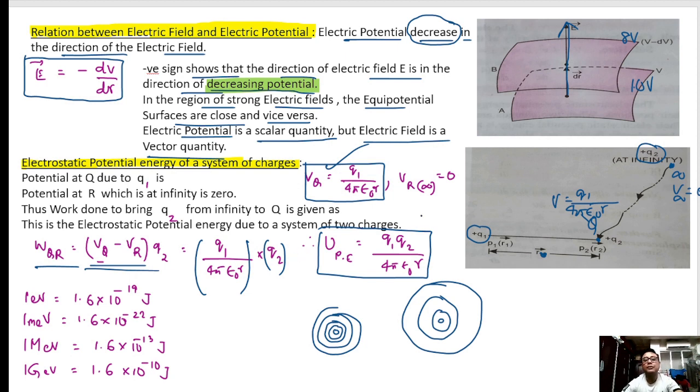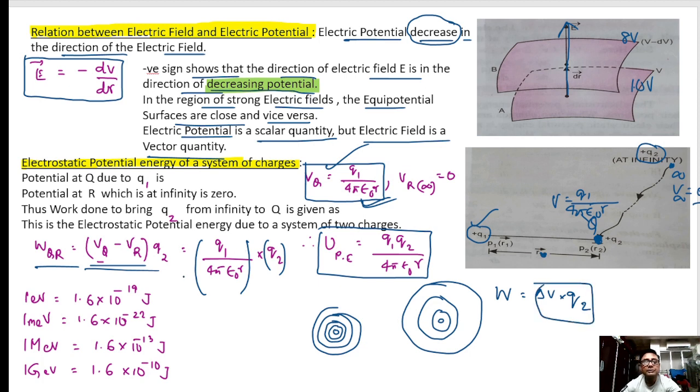So first of all, due to the charge Q1, find out what the potential is here. The potential at infinity is 0. So what is the potential difference? This only. We know that W is equal to the potential difference into the charge which you are bringing.